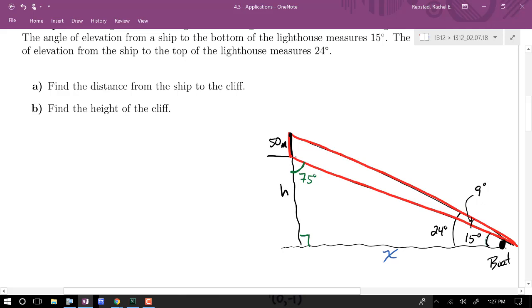And if we know that angle, then we know the obtuse angle of the sliver triangle, because they are supplementary. So 180 minus 75 is 105, and that means we know the angle at the top too. 105 and 9 is 124. What's 180 minus 124? 66.